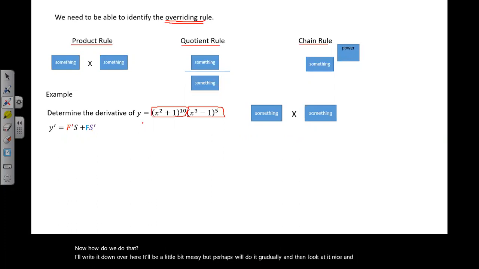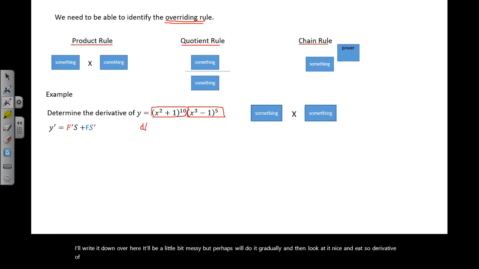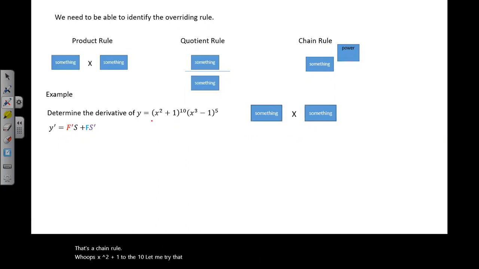So derivative of first, you're taking the derivative of x squared plus 1 to the 10. That's our goal. That's a chain rule. Derivative of x squared plus 1 to the 10.